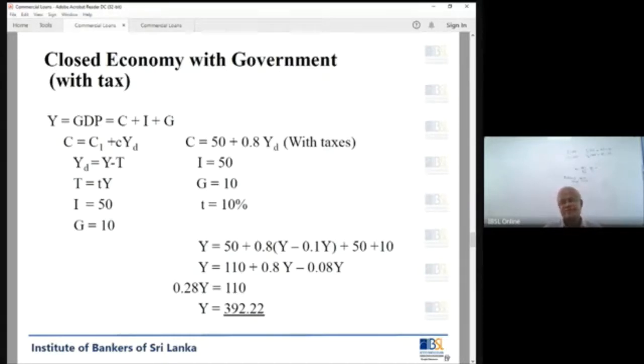Then you simplify: 50 plus 50 plus 10 is 110, plus 0.8Y. Expand the bracket: minus 0.8 times 0.1 is 0.08Y.